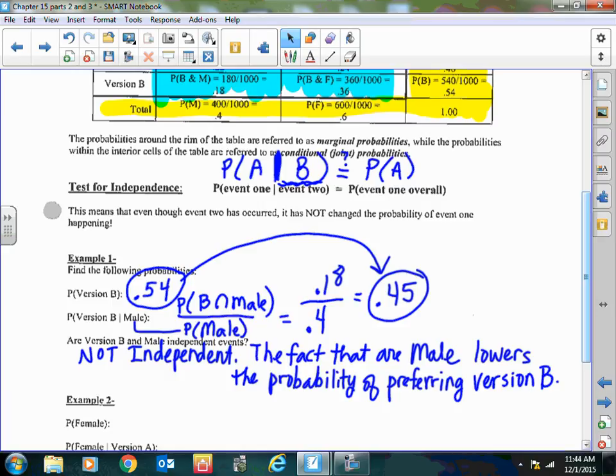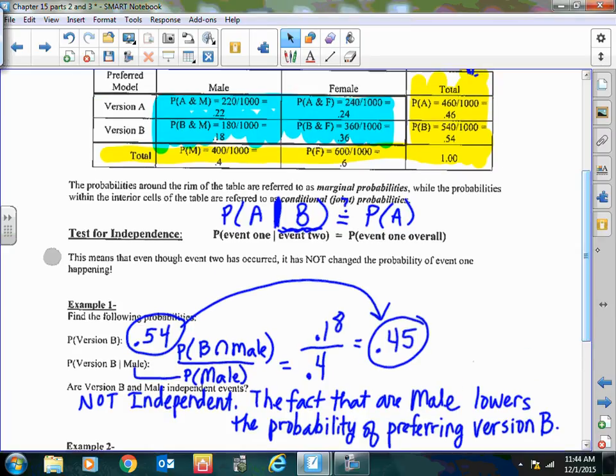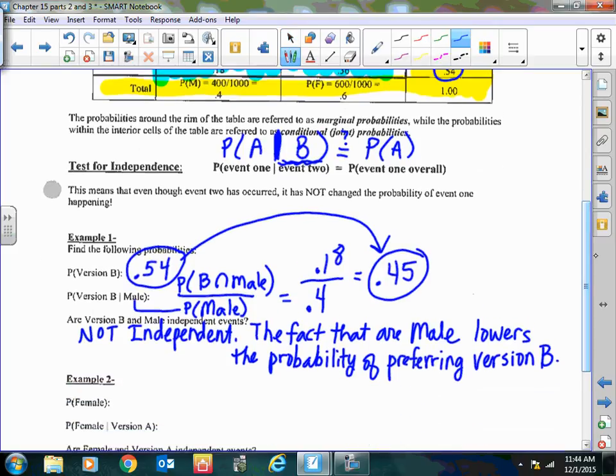Overall, version B is 54%, and that's coming from our marginal 54%. But the probability of version B happening, given that you are male, would put this whole probability of male on the bottom. That's 0.4, and male and B is 0.18.